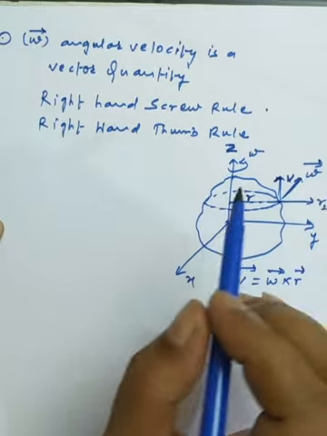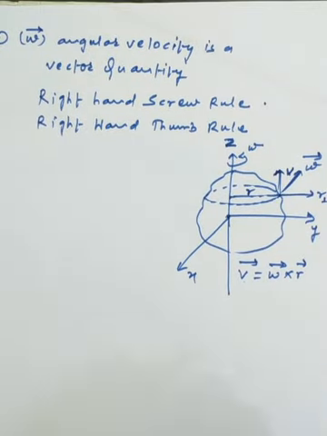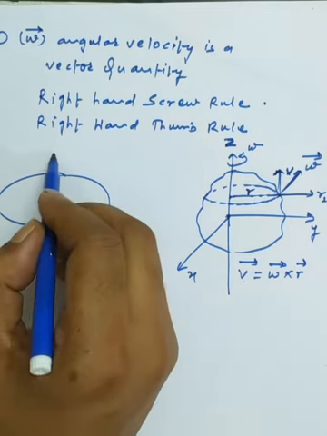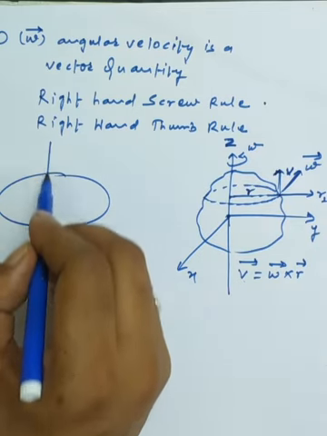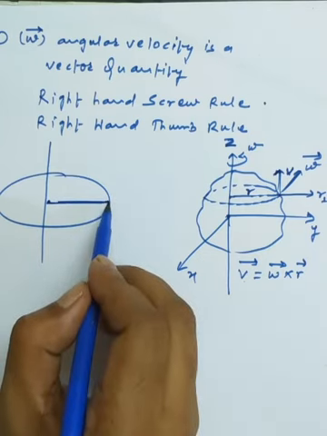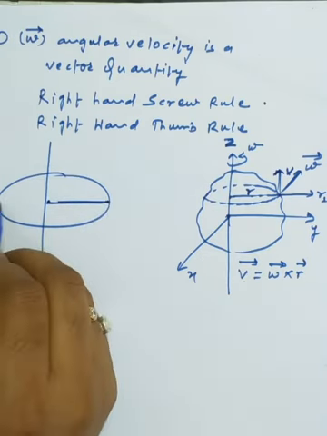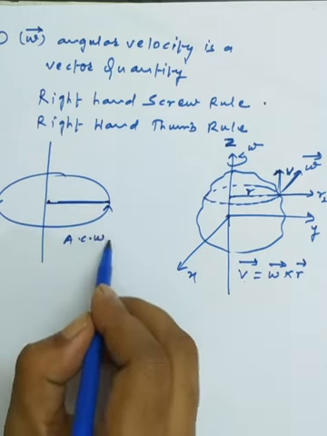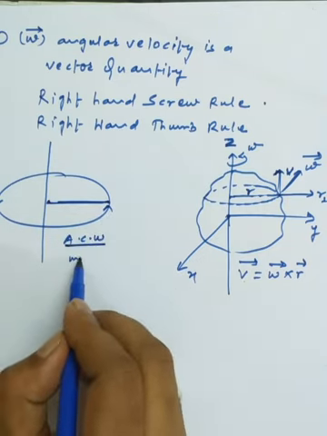Okay, so whenever we apply the right hand thumb rule, the object is performing a circular motion, that means the body is making the rotation. So the particle on the surface is performing an anti-clockwise motion.